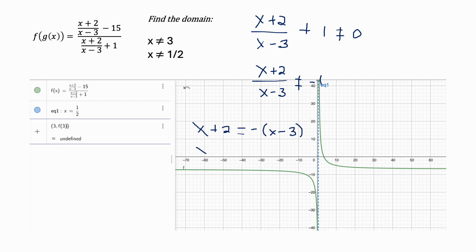And so I have x plus 2 is not equal to negative (x minus 3). This is simple linear, so we can solve it by adding x to both sides, which gives me 2x, and subtracting 2 from both sides, which gives me 1. Oh, and we want a not equal here. So I see x cannot be 1/2. That's your vertical asymptote, x equals 1/2. But I also looked at evaluating the composite function at 3, and you can see it gives me undefined.